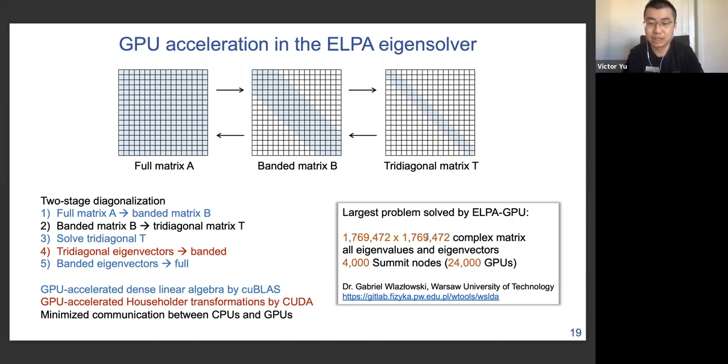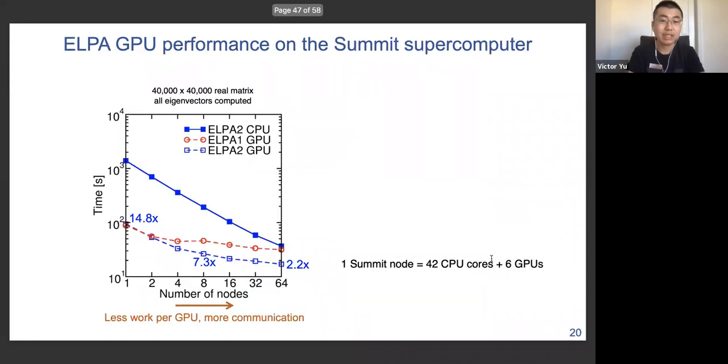In his study, he solved a complex valued matrix, the dimension of which is over 1.7 million by 1.7 million, and all the eigenvalues and eigenvectors were solved using 4,000 Summit nodes, which means 24,000 NVIDIA GPUs. This is, to my knowledge, the largest eigenvalue problem solved as of today.